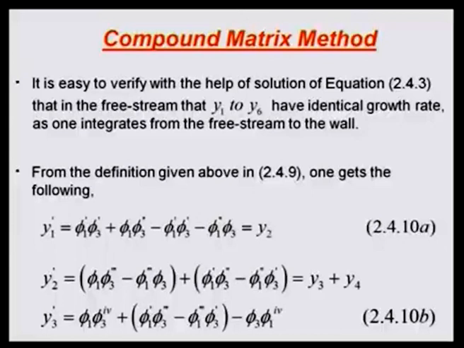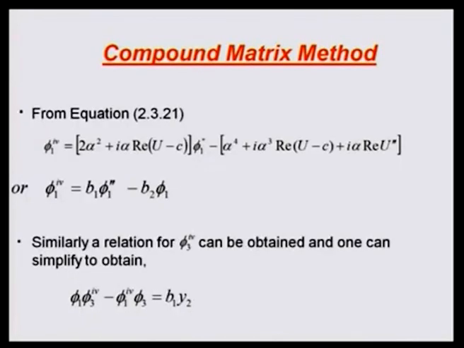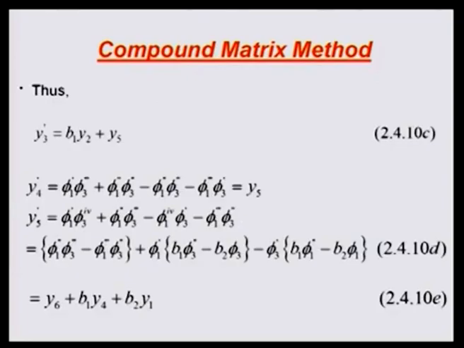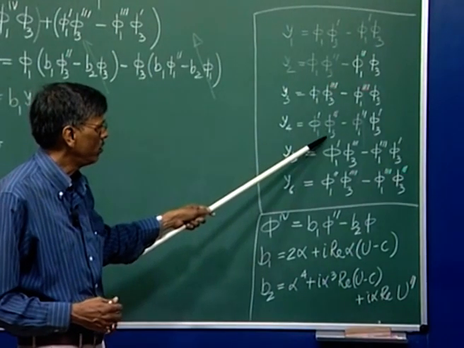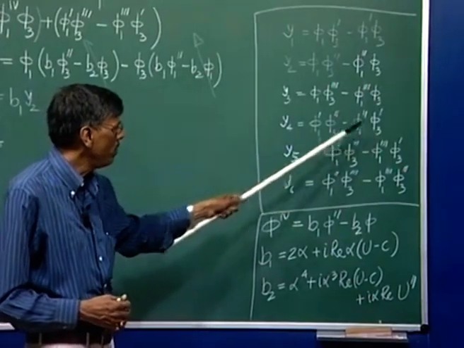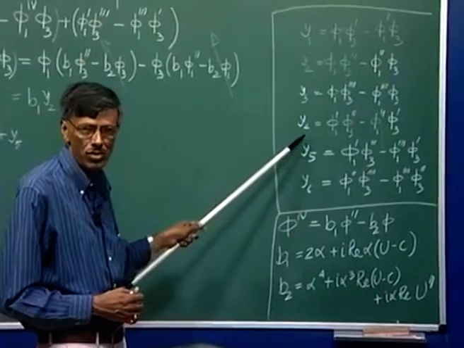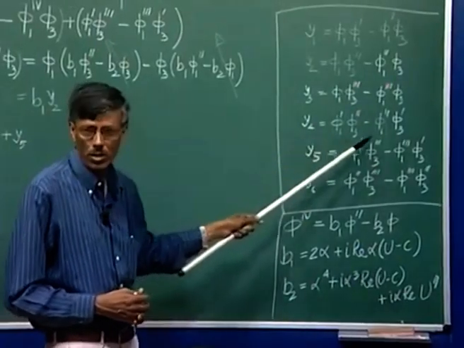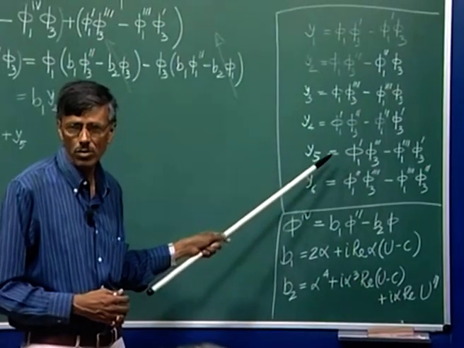Now, we can go ahead and keep doing the same thing, and for y 4 prime as we have defined here as phi 1 prime phi 3 double prime minus phi 1 double prime phi 3 prime. So, if I take its derivative, it would not require the orthogonal equation.